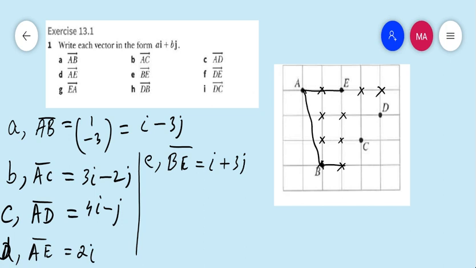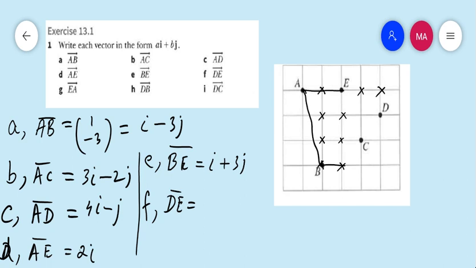Kindly keep in mind, when we go to the bottom we have to write y values as minus, and when we go to the right side we have to write positive x, and for the left side a negative x value, and for the upside the positive y value. Part F, DE.